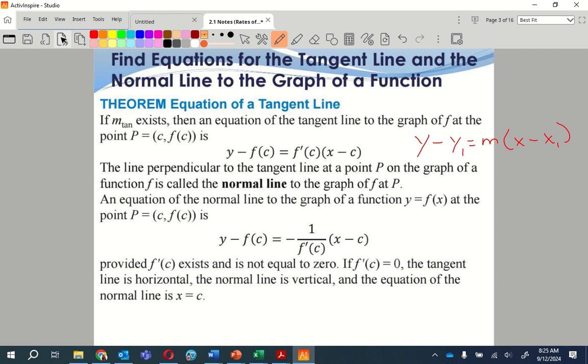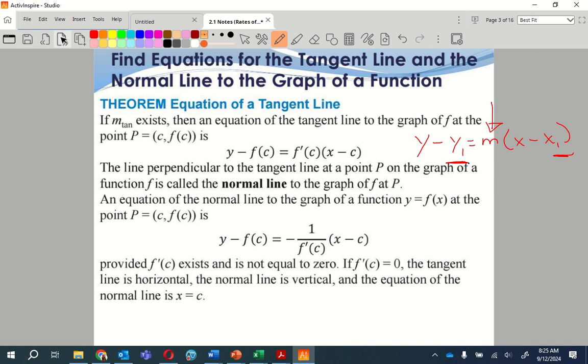Do you recognize that at all? Point slope. Because I give you a point and I give you the slope, so you have point slope. So whenever you are trying to find the equation of a line, and this has to do with the tangent of the line, I need to know what the slope is first at a point, and I can get equation of the tangent line.